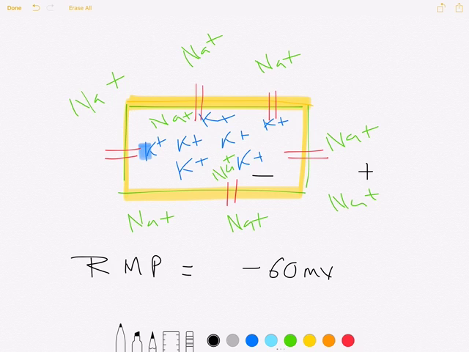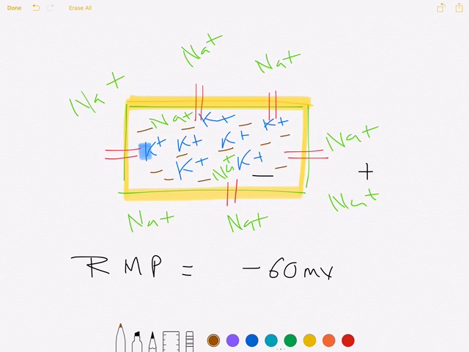This is because there are a lot of negatively charged proteins inside the cell. Let's say, brown color for negatively charged proteins.